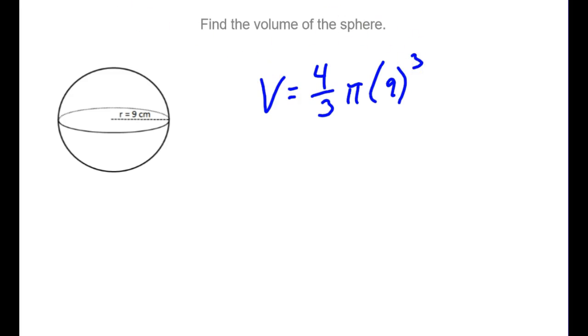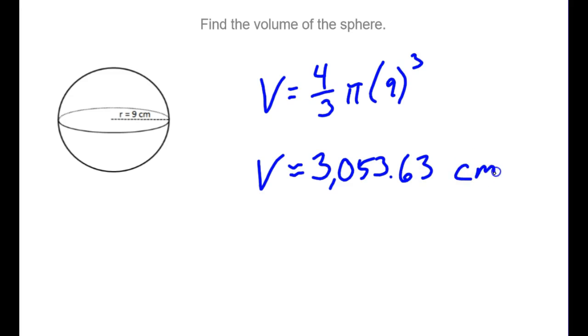Type that in on your calculators to get an approximation, and you will get, whoops, this should not be an equal sign. This is approximately 3053.63. Our label is centimeters cubed. So a sphere with a radius of 9 is over 3,000 centimeters cubed for the volume.